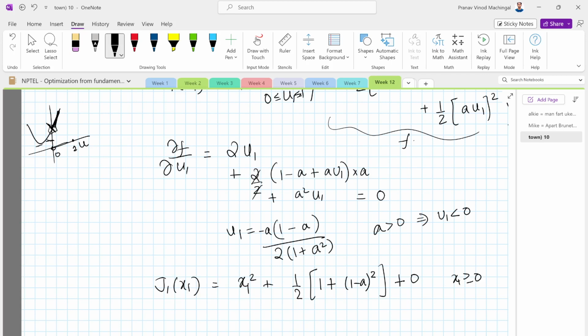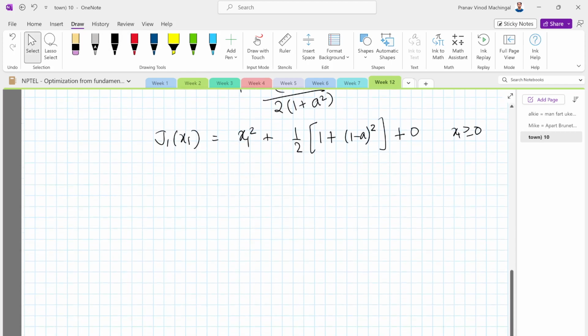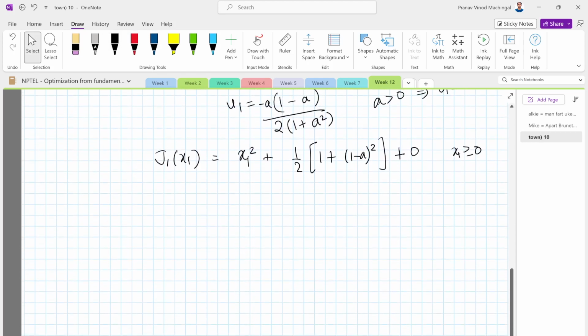And you also need to solve for x1 less than 0.